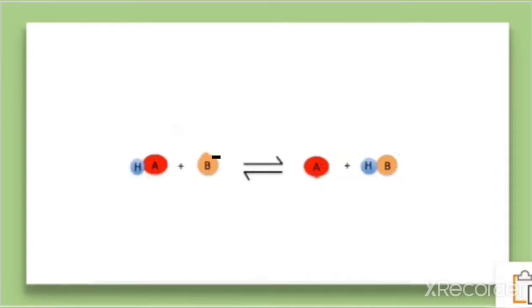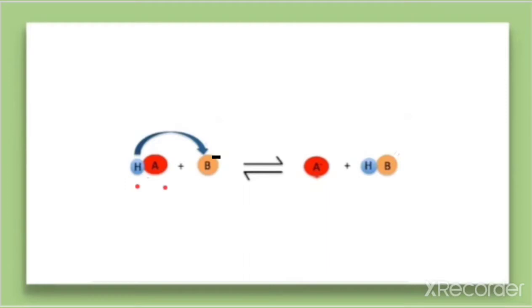Let us consider a general equation, that is HA plus B negative giving rise to A negative plus HB. In this equation, HA is donating one H positive to B negative, which results in the formation of HB.